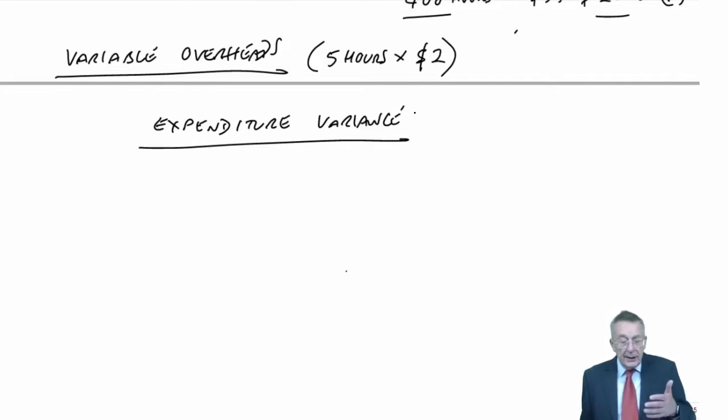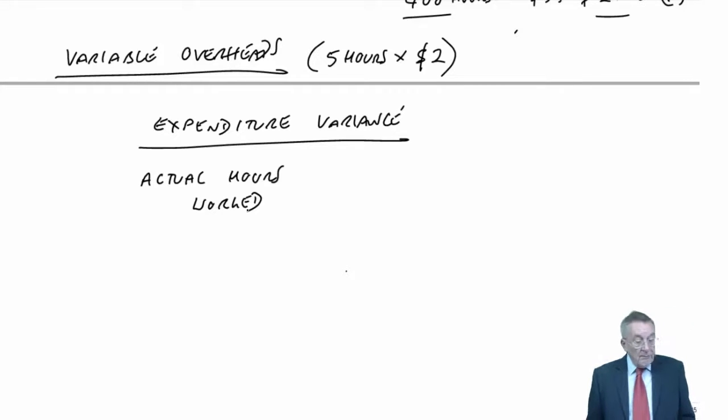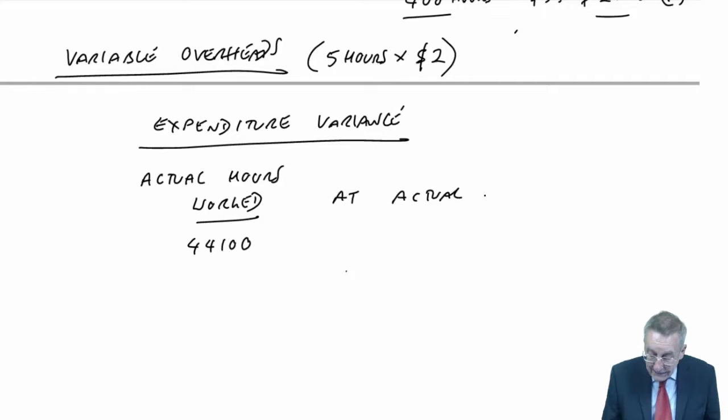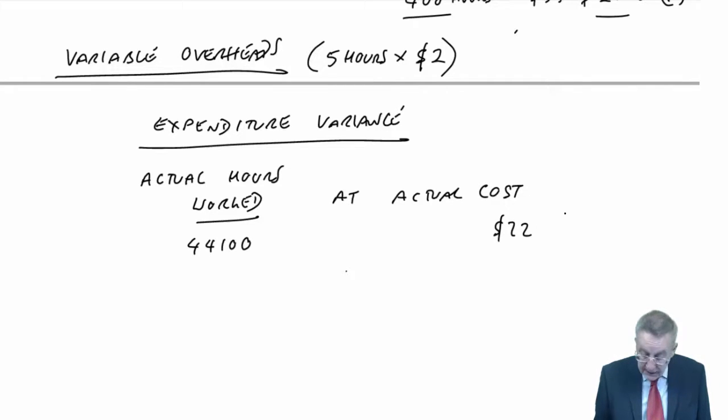So to calculate the expenditure variance, we take the actual hours worked, which is how many? 44,100? At the actual cost. So the actual amount we spent was 224,515. No, it wasn't. That's labour. It was 87,348.